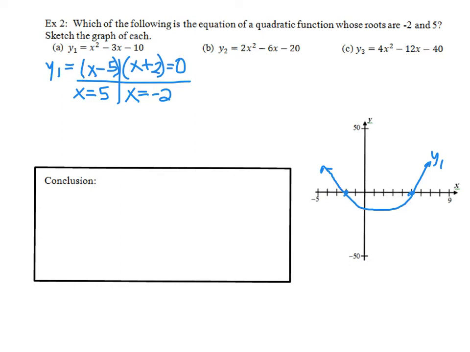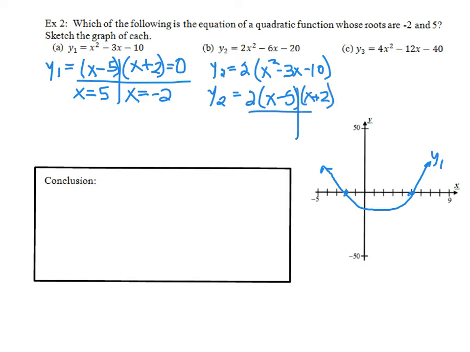Let's try y2. What we may notice in y2 is that we've got a GCF. So I'm going to take out that GCF of 2, and I'll be left with the factors x squared minus 3x minus 10. I think we just saw that a minute ago, so we know that this can be factored as 2 times x minus 5 times x plus 2.